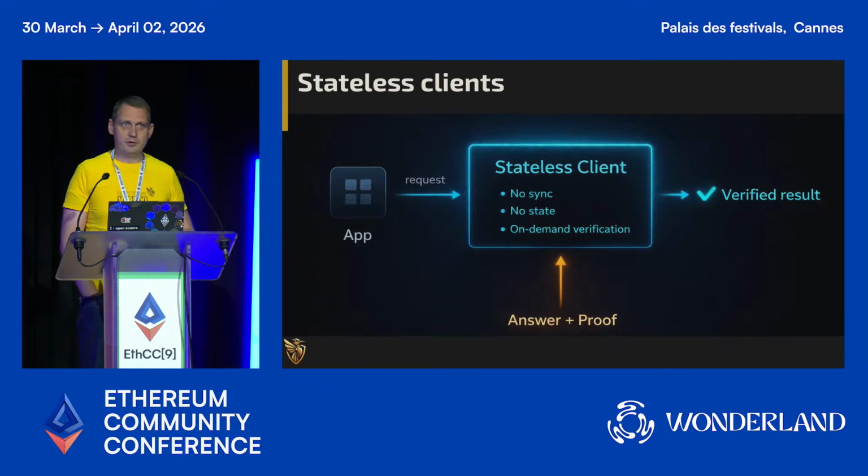So on your mobile device, within the browser, on your IoT device, or even the agent in its environment. Instead of syncing the whole blockchain, it verifies only what it needs, when it needs it. This is why it's called stateless. There's no persistent state, no continuous process, just request, proof, verification. No sync, no state, no trust.